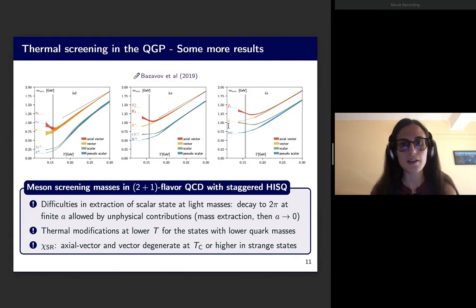These results are what you're going to play with in the assignment. What is important to observe here is that you have basically a plot of the screening masses corresponding to different channels in the light-light sector, light-strange sector, and strange-strange sector.